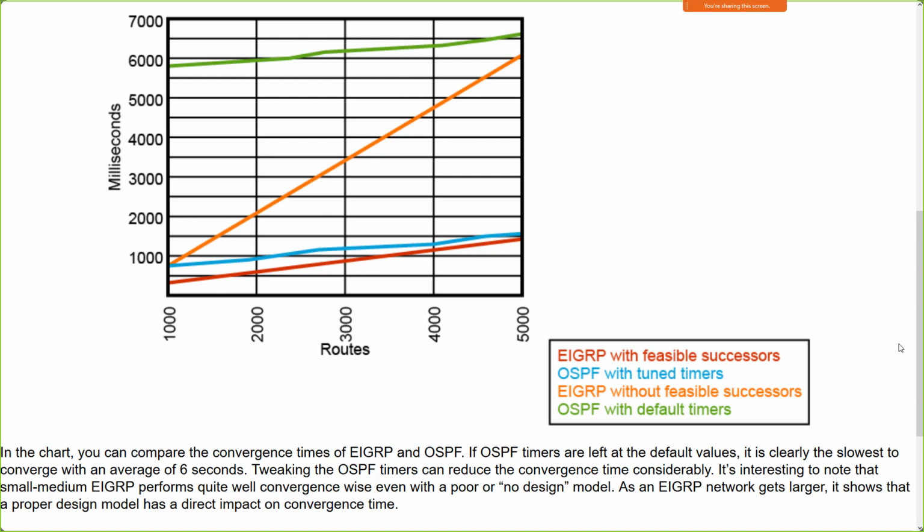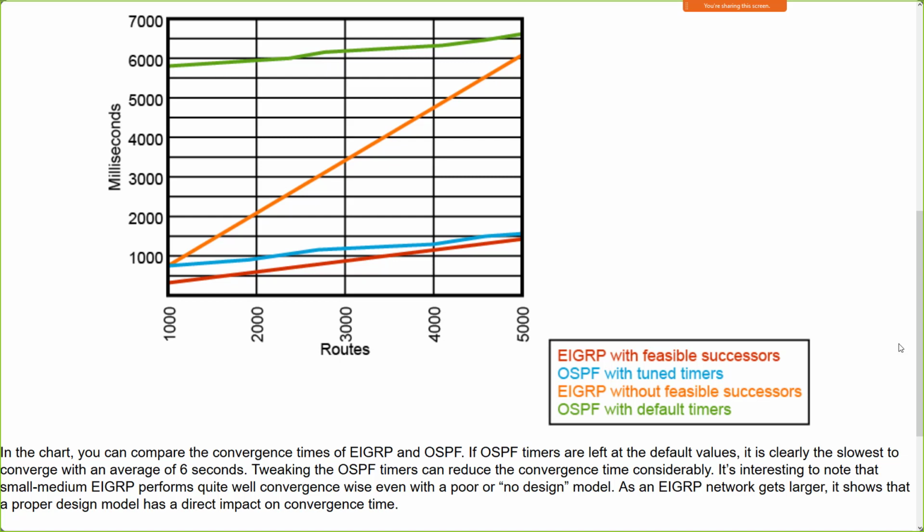We're talking about thousands of routes, and not a lot of enterprises or organizations are going to have thousands of routes within their architecture. But as I go up to 5,000 routes, we can see that as long as I have feasible successors, as long as I tune OSPF, maybe implement things like OSPF LFA and tune the timers within OSPF, there is very minimal effect on adding thousands and thousands of routes into the topology.